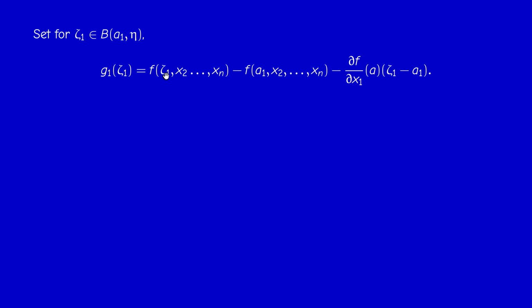So just replace x1 by zeta1, the second term is unchanged, and in the linear part, I replace x1 by zeta1. Okay, so now we get a function of one variable defined on this ball, which is contained in this first space, capital E1.